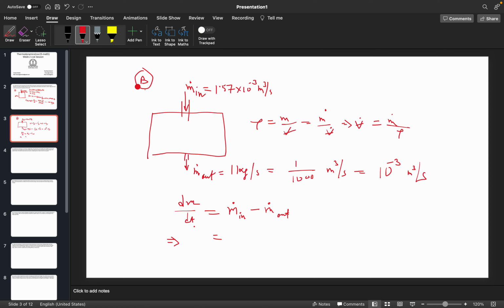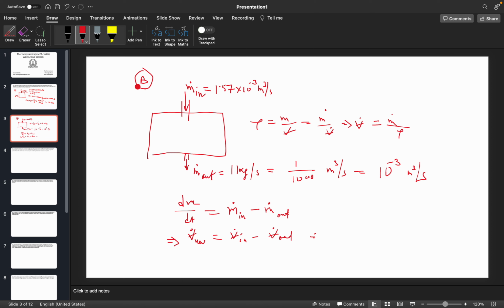Since rho is constant for all the cases, I can write the new volume flow rate will be equal to volume flow rate in minus volume flow rate out.